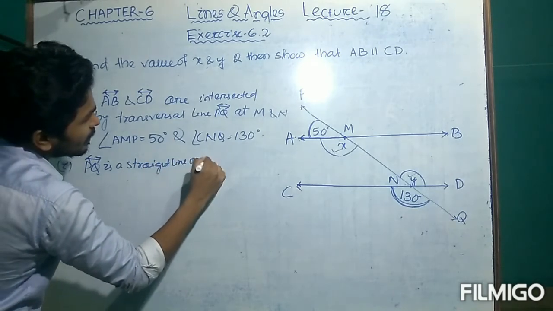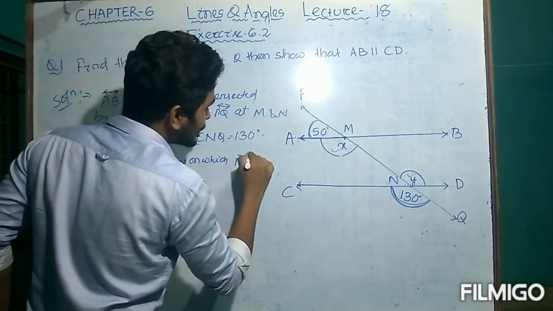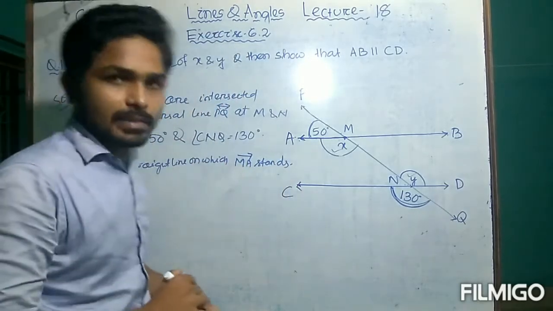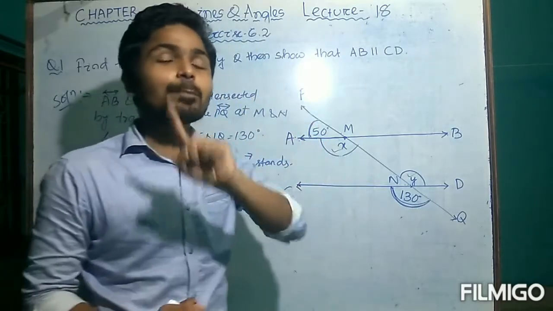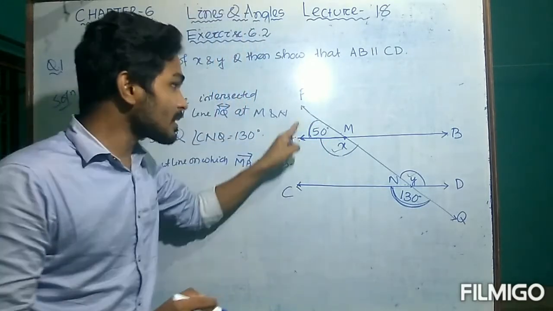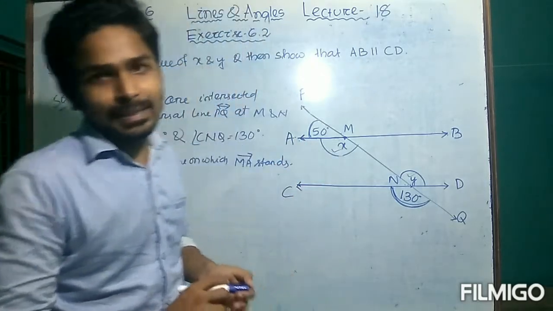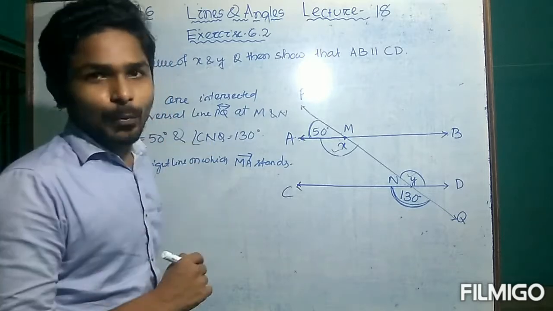Then we know if on a straight line a ray stands, then two angles are formed, and these two angles are known as linear pair angles. And we know the sum of two linear pair angles is equal to 180 degrees, according to axiom 6.1.